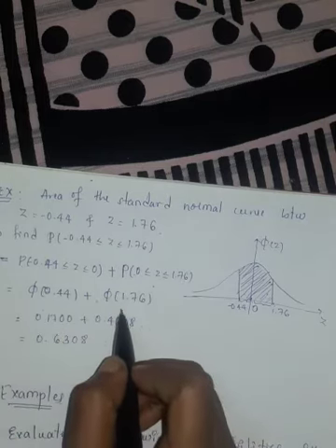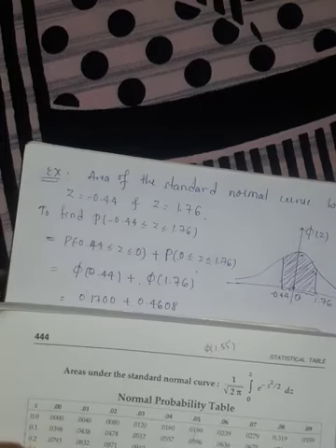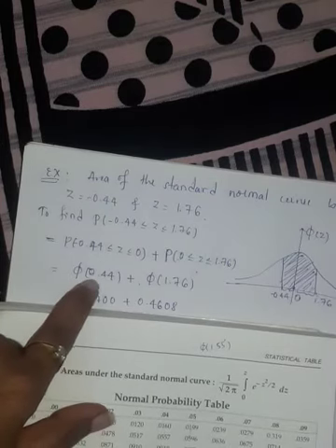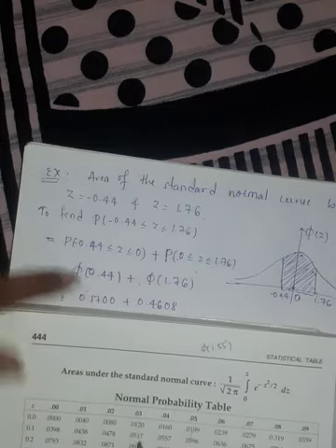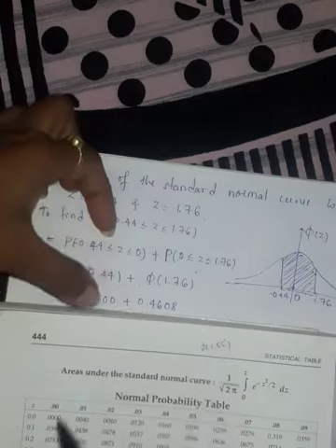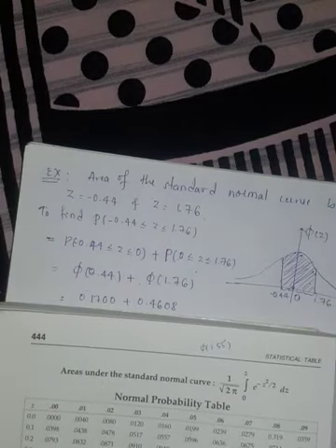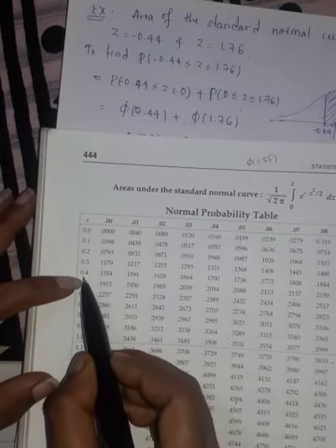By using the normal probability table, z equal to 0.44: first we take 0.4, which is here.